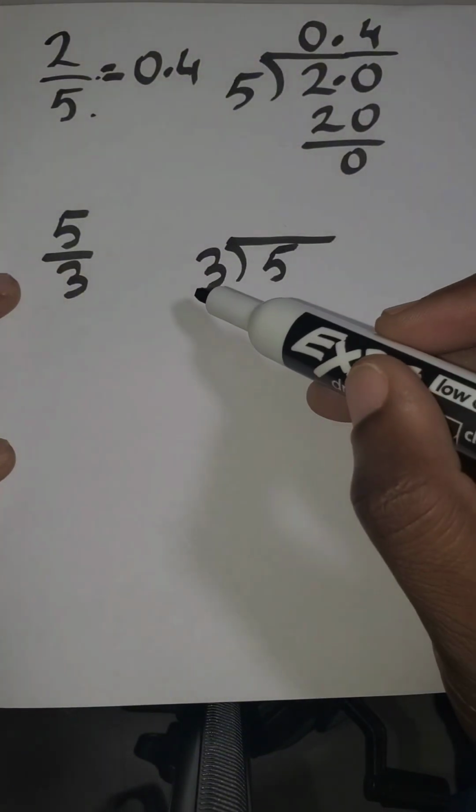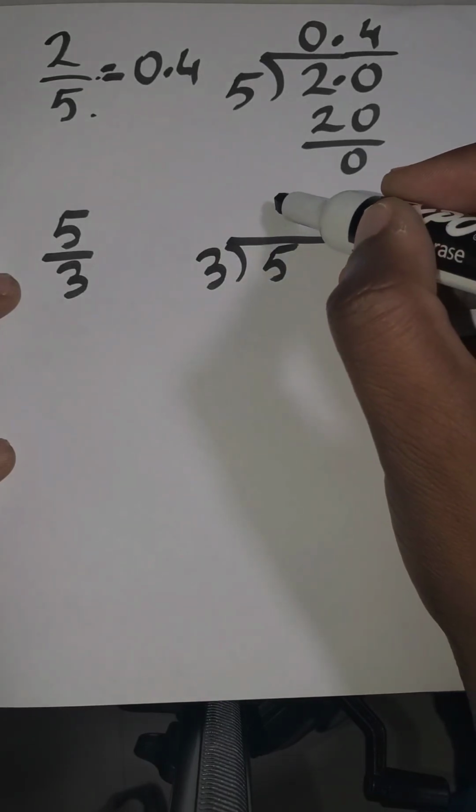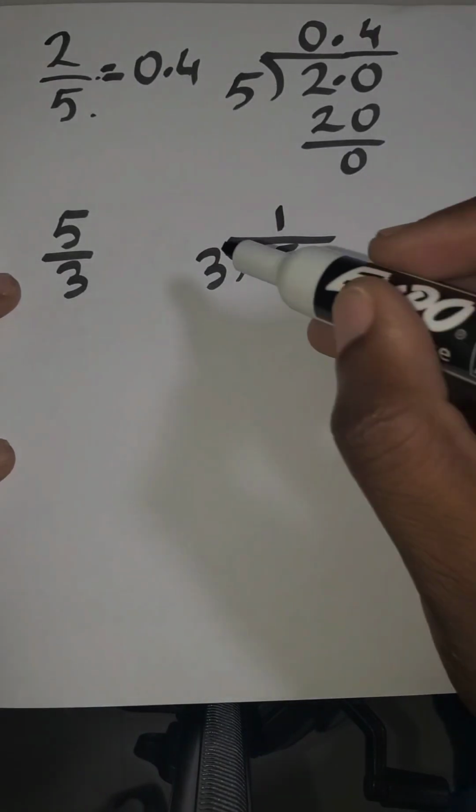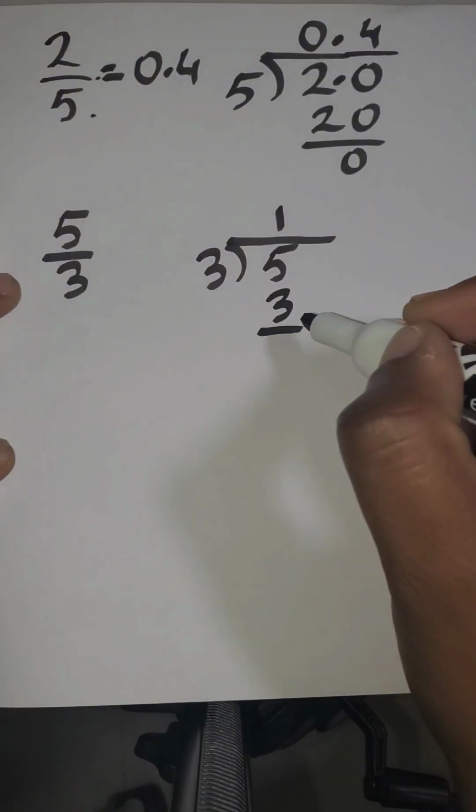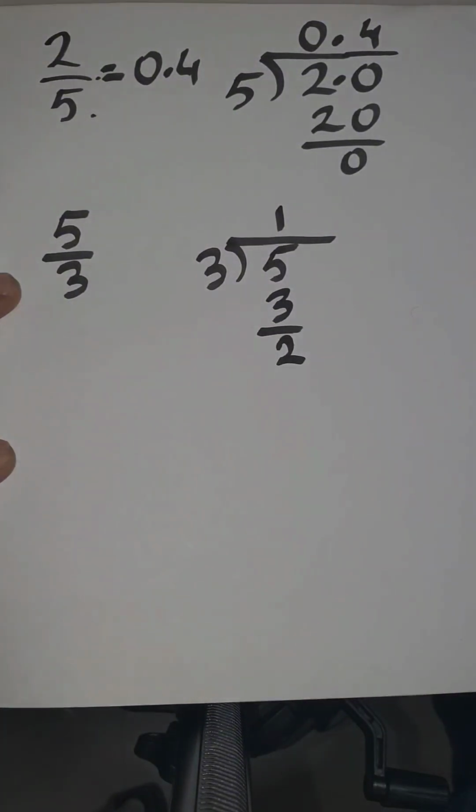How many times can 3 go into 5? That goes 1 time. 3 times 1 gives me 3. Subtract, I get 2. If we were writing this as a mixed number, we would have said our answer is 1 2/3. But the question is asking us to change it into a decimal.